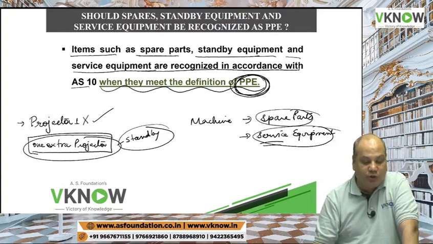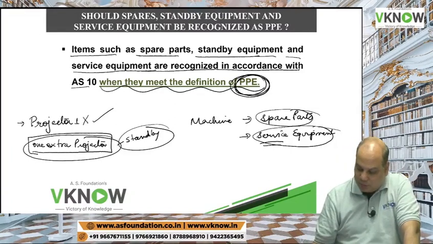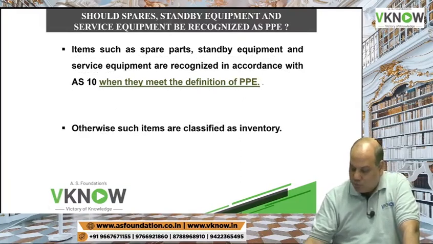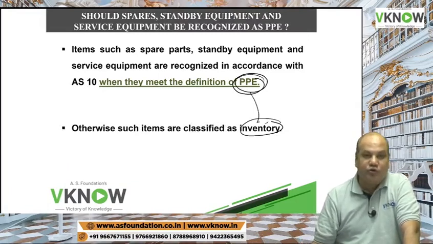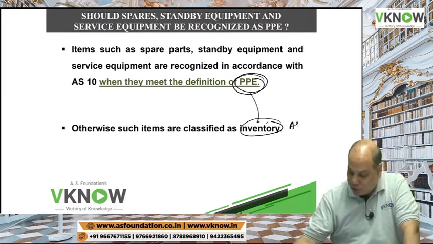they meet the definition of PPE. What is PPE? Used for production or rendering of goods and service, or for administrative purpose, or for rental purpose, then they will be capitalized as PPE item in the balance sheet. But if they do not meet the definition of PPE, then such spare part standby equipment will be treated as inventory, AS-2.